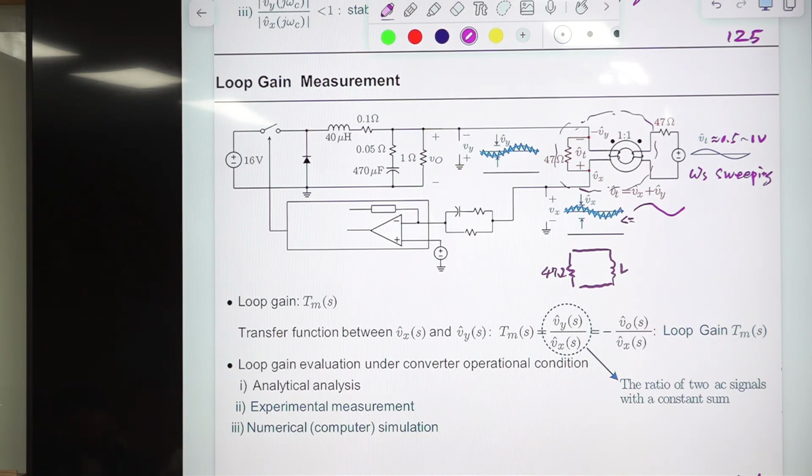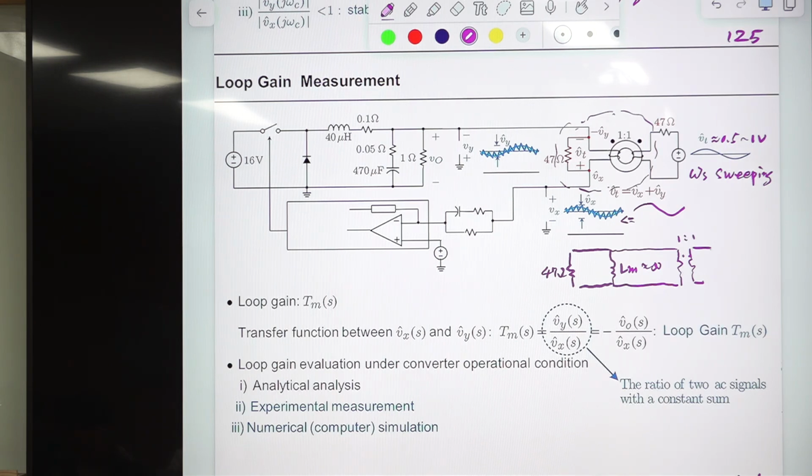This one is RM. RM is very large, maybe infinity, very large. And there is an ideal transformer. This is 1-to-1.